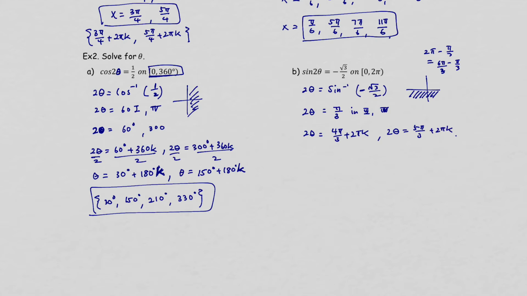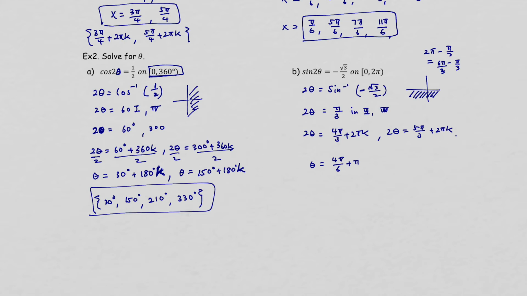And when you divide both sides by 2 to isolate theta by itself, you get 4 pi over, you're dividing by 2, so this is going to get doubled. 3 times 2, so it will be 6, right?